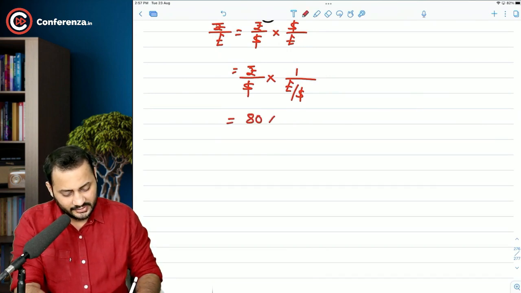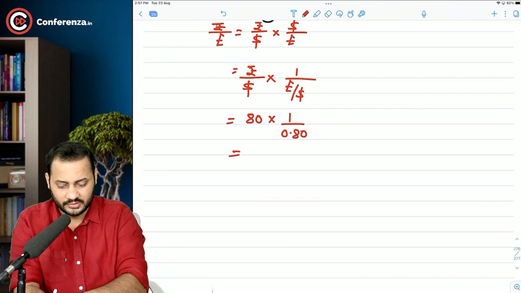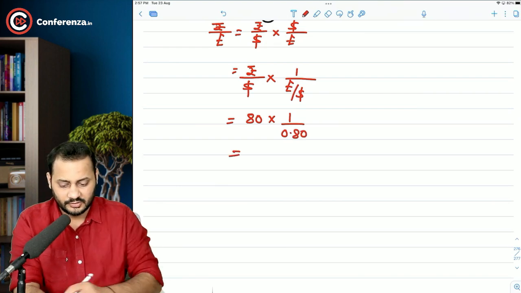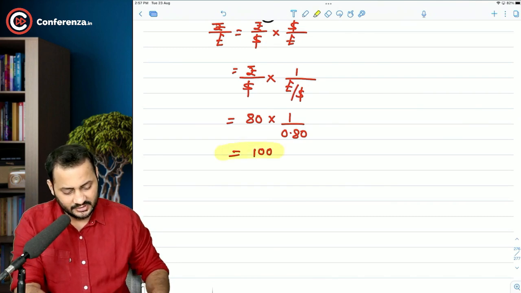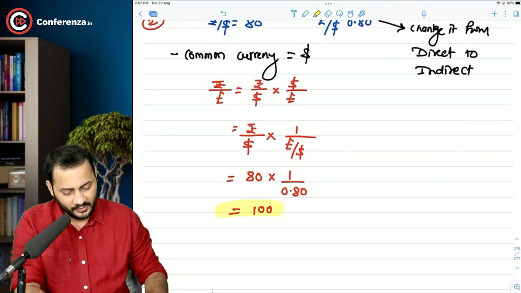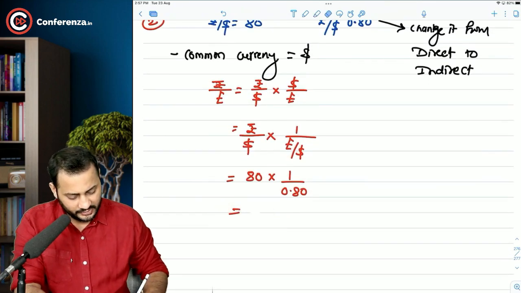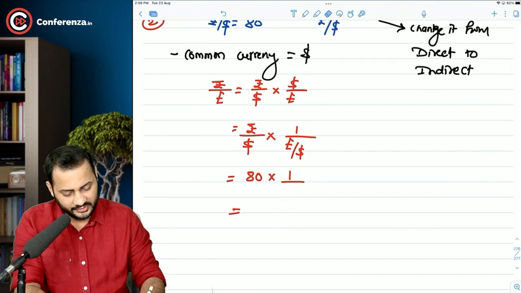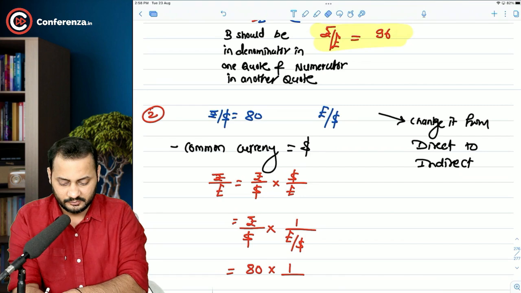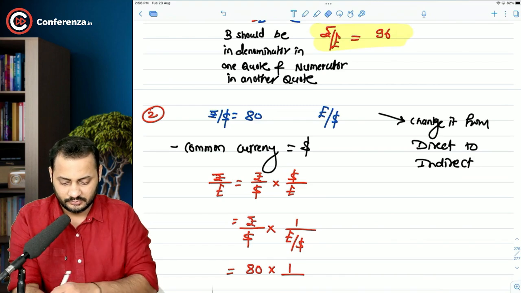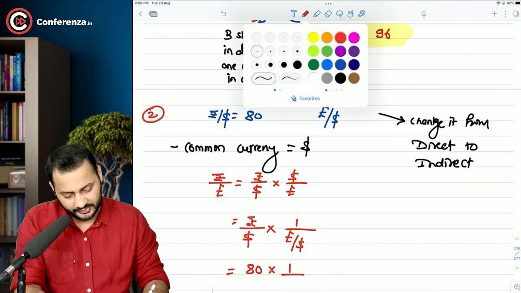Now I can put the values and solve the equation. Rupees per dollar is 80 into 1 divided by 0.80, and that will give you an answer. In this question, it's 100. So you might say that the answers are different. It was 96 earlier. So just to avoid the confusion, I will change the 0.80 rate to something which is more possible. .833 is the proper rate.